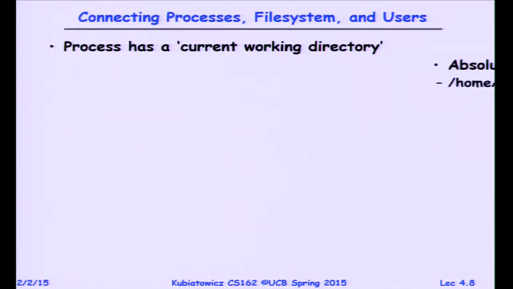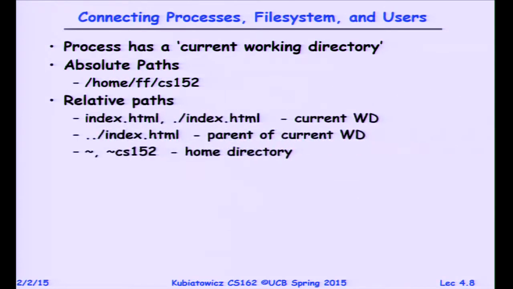A little bit more about the namespace here. So typically every process has a working directory as well. And so that means that although you could specify /home/ff/cs152 or whatever, in fact, since it has a current working directory, you can eliminate having to put the current working directory there and just use a piece of a path name like index.html.